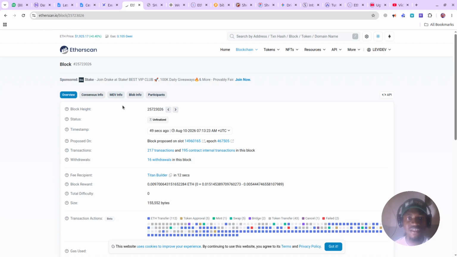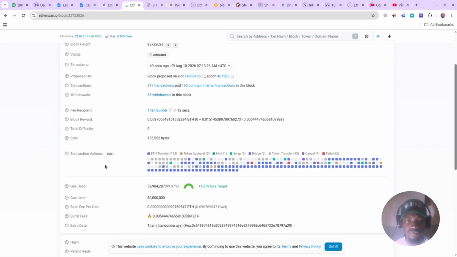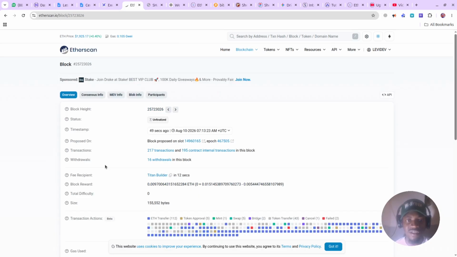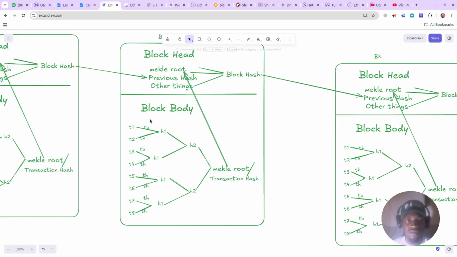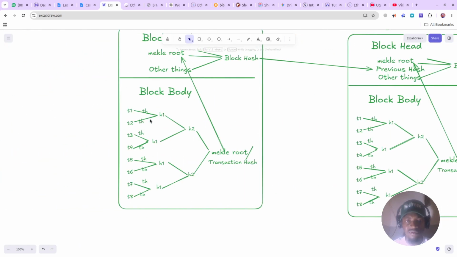When you get there, just open any block and try to understand what is inside. Try to understand all these concepts so that when we reach here, it will be easier for you to understand. With this point, I hope you understand how blockchains handle their transactions under the hood.